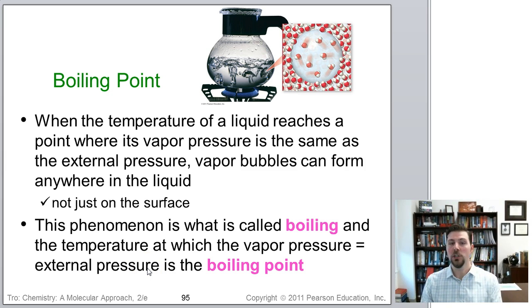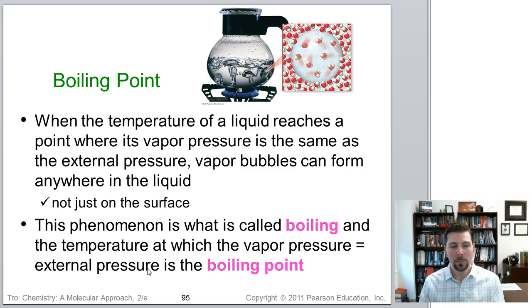So if you have a pressure cooker, you're increasing the temperature, you're increasing the pressure, inside the pressure cooker. That means the water that's inside can get to a higher temperature than 100 degrees before it boils, because it takes more and more temperature to overcome the intermolecular forces of the water when they're being pushed down by all the extra pressure inside the pressure cooker.